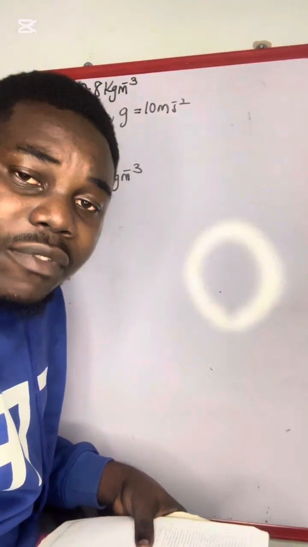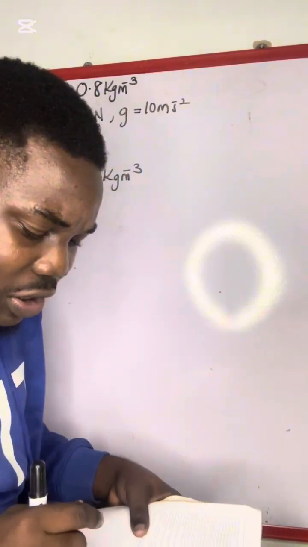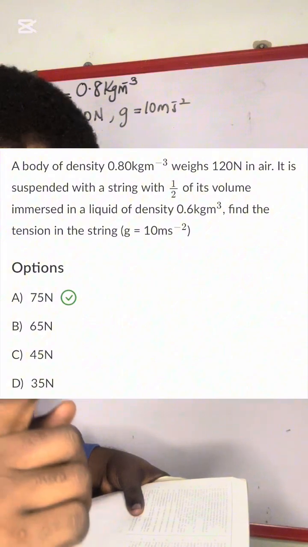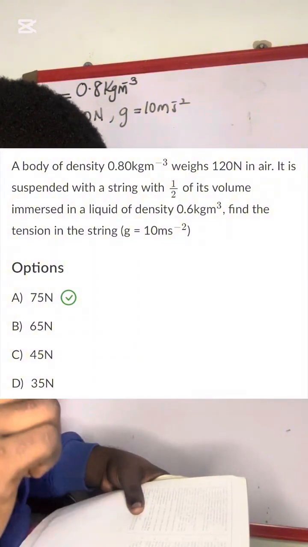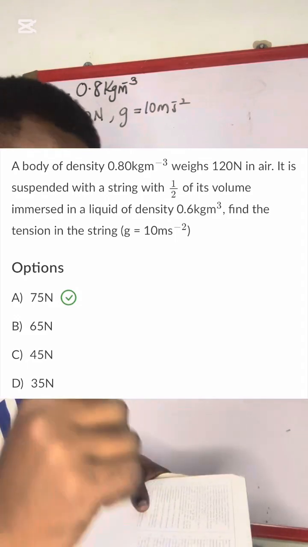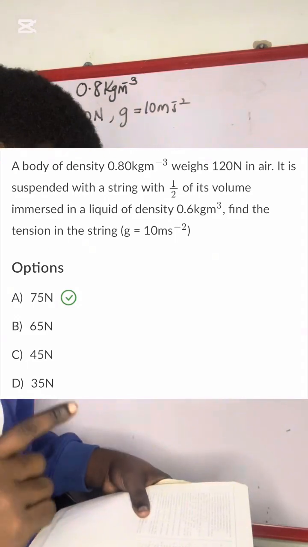Okay, we have a question displayed on the screen. It says, a body of density 0.8 kilograms per meter cube weighs 120 Newton in air.